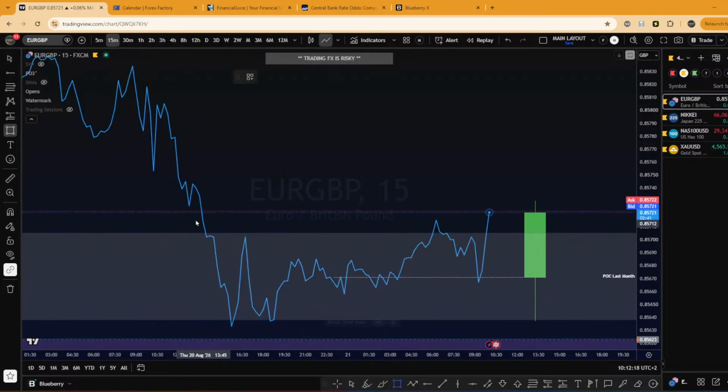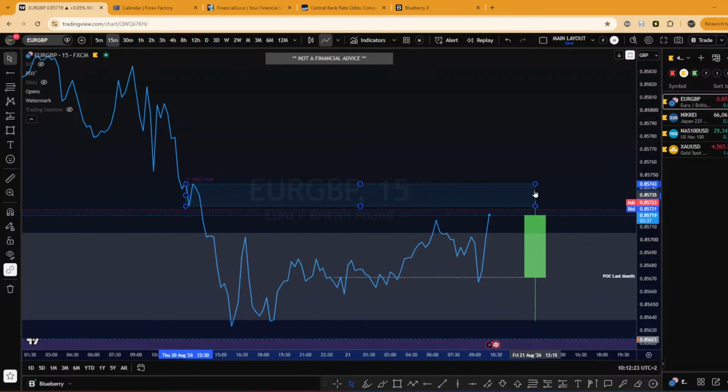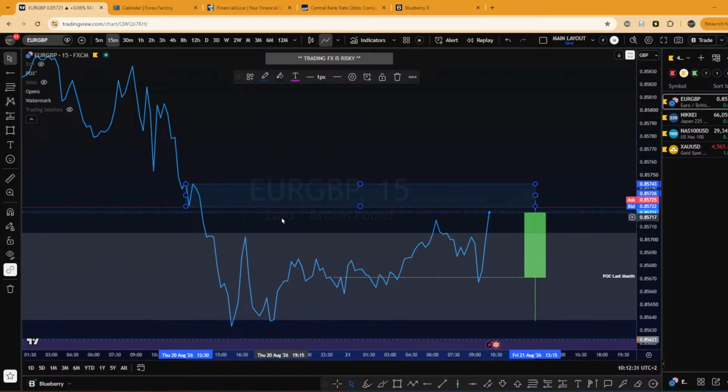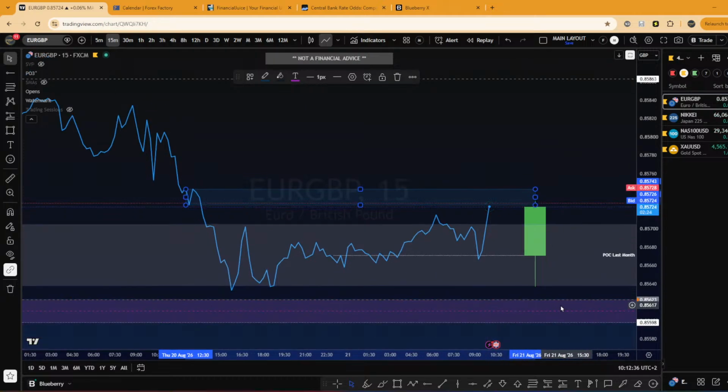We have another block here. Let's see if we broke above here to anticipate or to trade a breakout in case price doesn't want to retest this. This is my preferred zone.